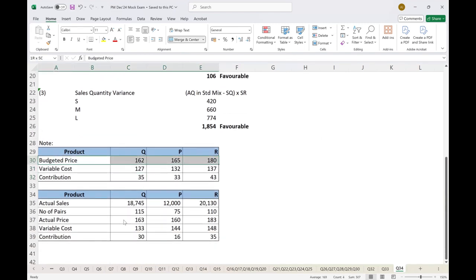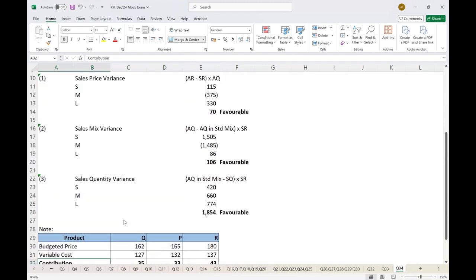So let's come to contribution per unit. We have the budgeted price 162, 165, 180, which we used in the earlier question also. Then variable cost, this also I calculated in the previous question. So contribution is 35, 33 and 43.